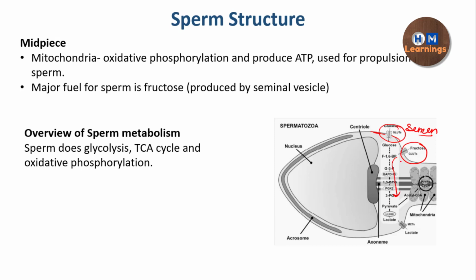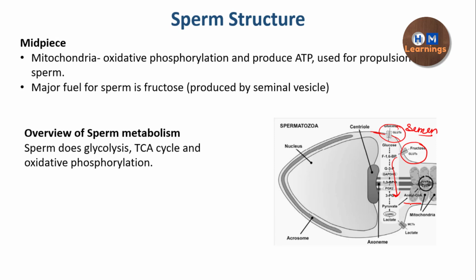Even though the sperm has very little cytoplasm, it still contains some cytoplasm and also the enzymes of glycolysis, so that the fuel can be converted into pyruvate and then acetyl coenzyme A, and then it enters the mitochondria. In the mitochondria, it undergoes the tricarboxylic acid cycle or Krebs cycle, and then finally oxidative phosphorylation to produce ATP.